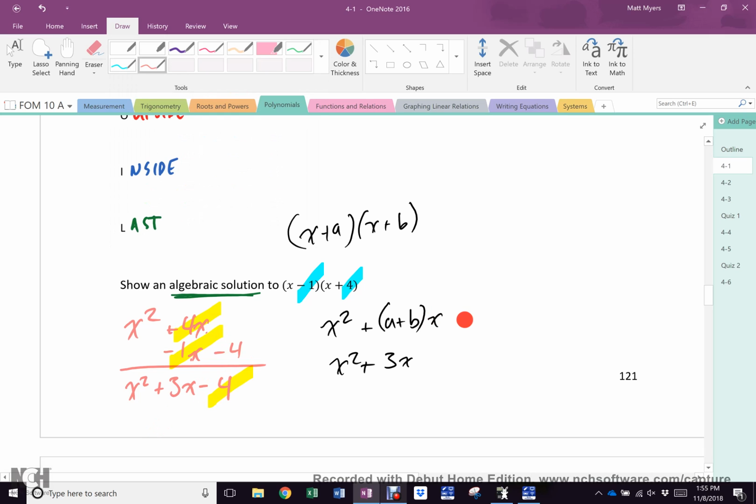Multiplication. So this third term would be what? Plus a times b. So it would be negative 4.